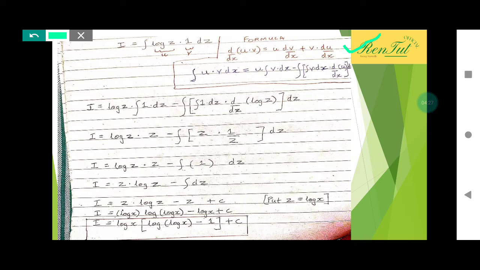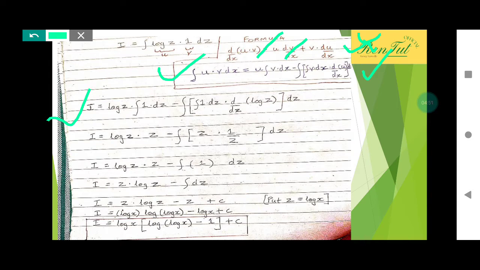This is the integration of v dx into the derivative of u into dx. So this is the right equation, this is the wrong equation. Since this is differentiation, it is not applicable over here, this is applicable. So you compare with this equation, and you will see this equation has been transformed.